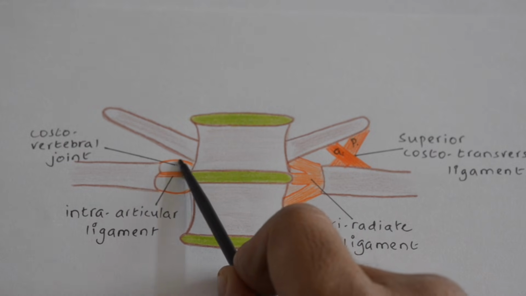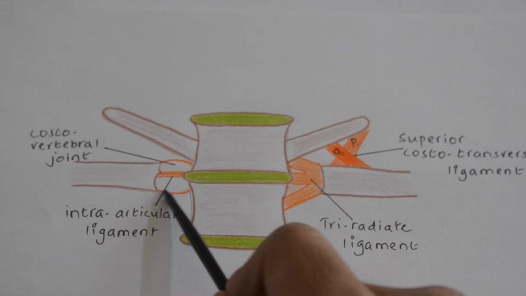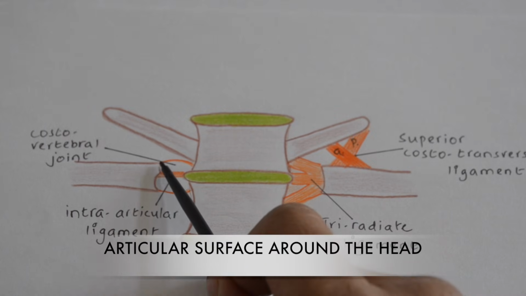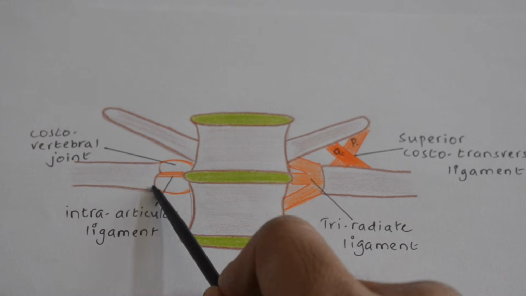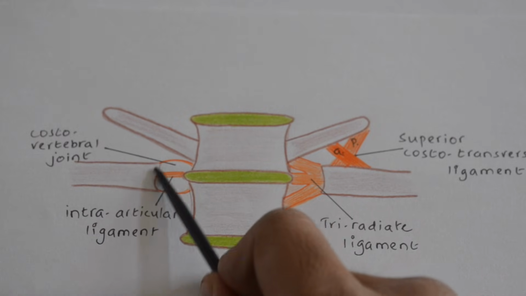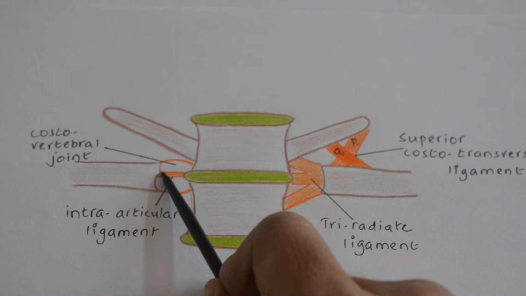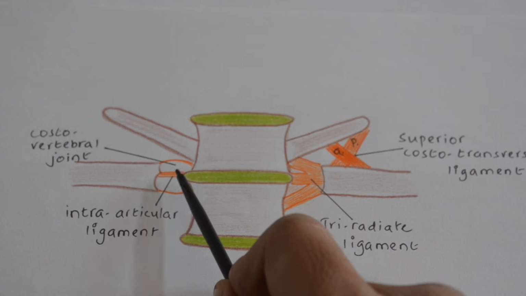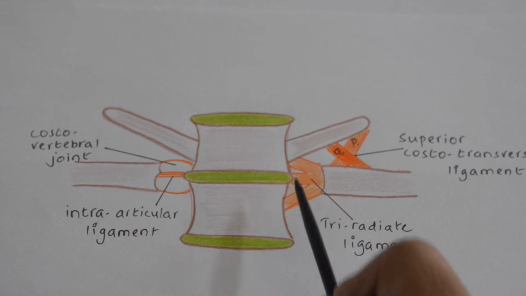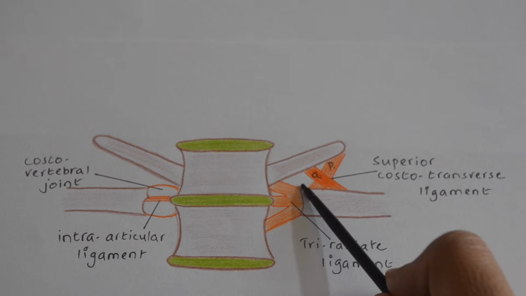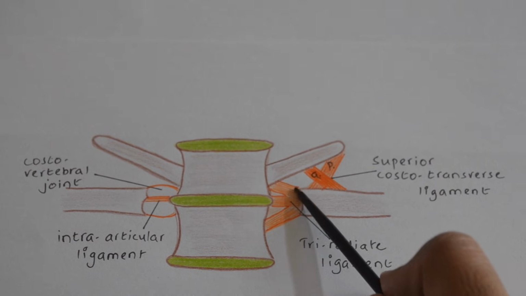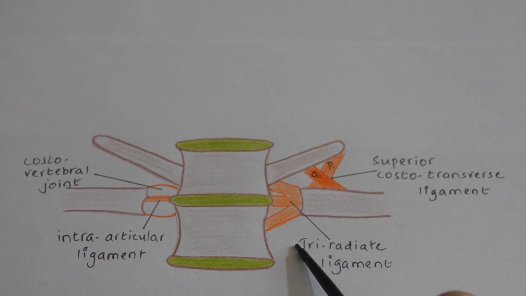Now the articular surfaces, upper and lower, as we have discussed, provide attachment to joint capsule all around, and the crest provides attachment to this intra-articular ligament, which is nothing but the middle band of triradiate ligament. Now in lower ribs, this anterior aspect of the head is related to sympathetic trunk. So this is regarding head.